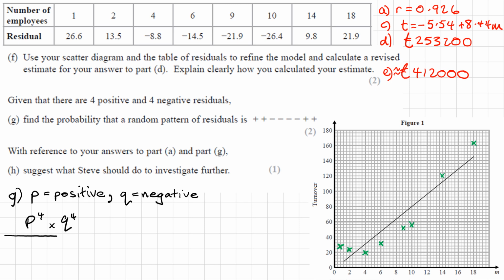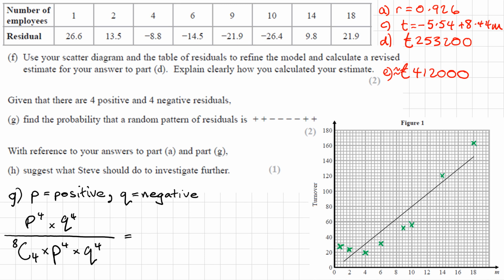But there are lots of different ways of getting 4 positive and 4 negative residuals, and to calculate that I need to use 8C4. So I've got 8 residuals and I want to choose 4 of them and I want those 4 to be 4 positive and 4 negative.